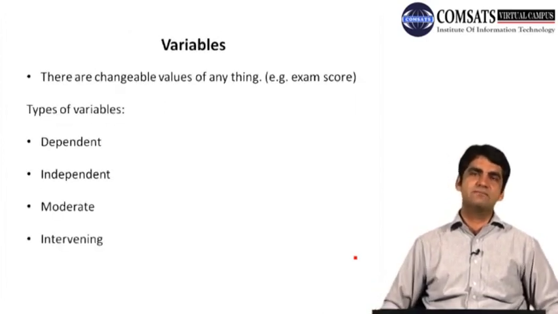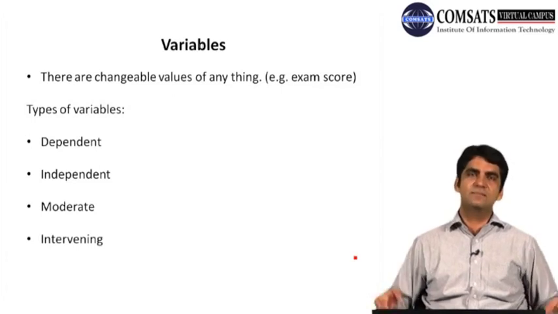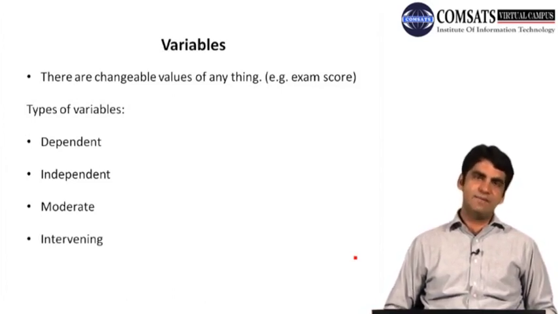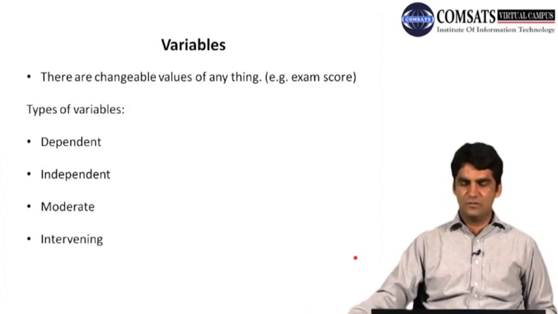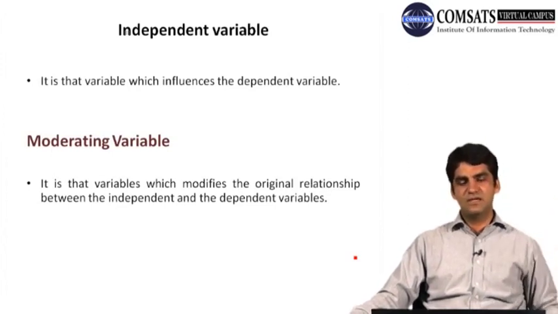We have also discussed variables. What are variables? These are changeable values of anything. For example, exam score. They might be different this time than the next time or from the previous time. So variables can be dependent, independent, moderating or intervening. An independent variable is a variable which influences the dependent variable.